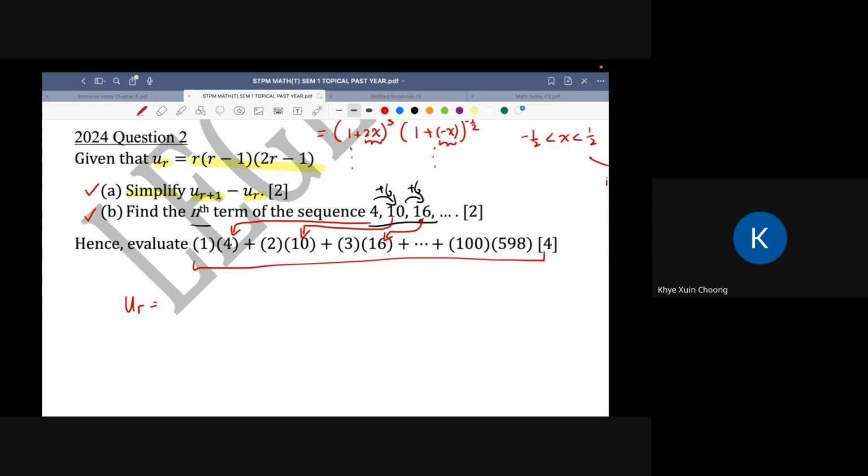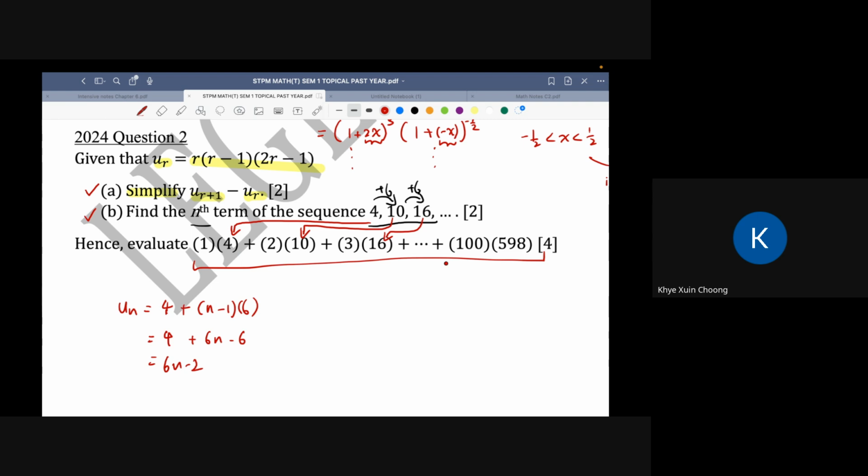UR over UN is the number of n terms. UN should equal A plus n minus 1 D. So UN equals 4 plus 6n minus 6, and you get 6n minus 2.